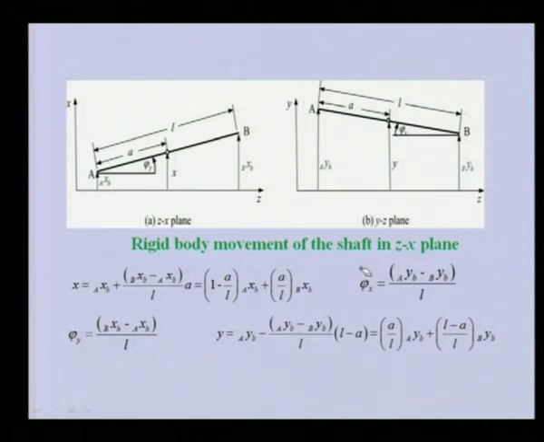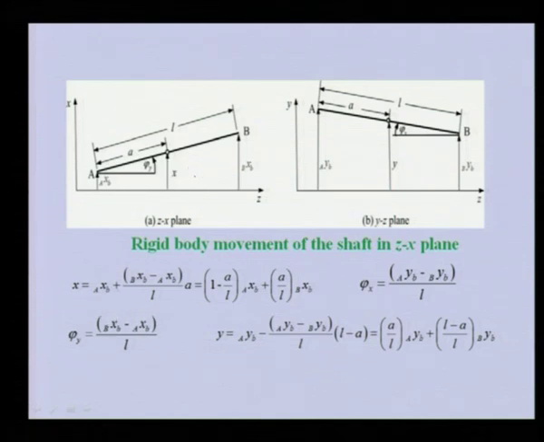Similarly, the rotational displacement will be given as the slope of the line. This one corresponds to this angle phi y. So, this is the slope of the line. The disc will tilt by this amount in this particular plane.